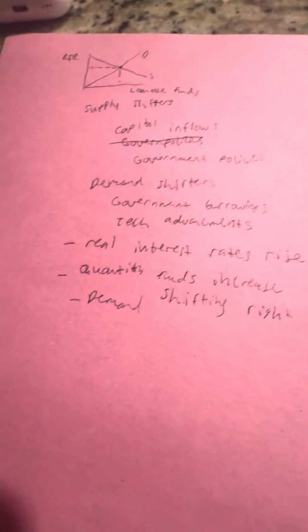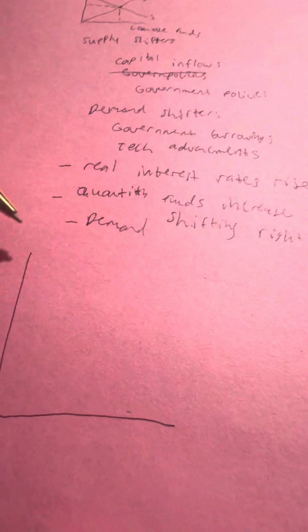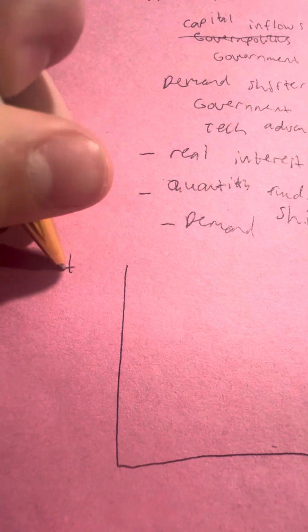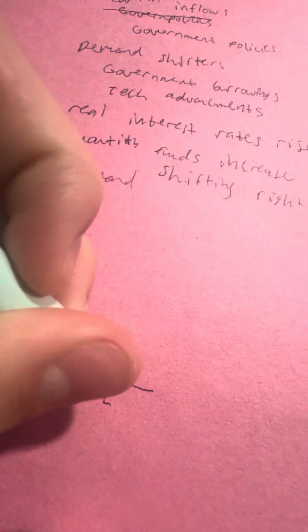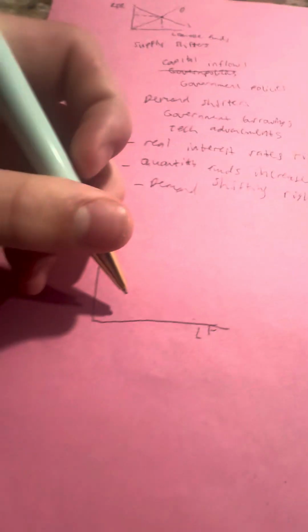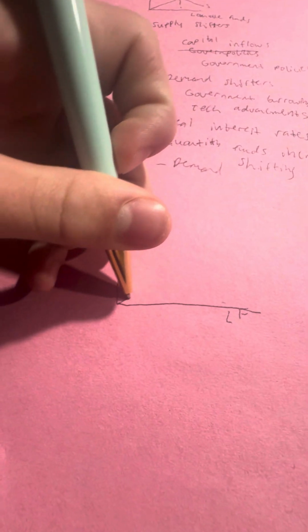So for the FRQ, I want us to draw a correctly labeled graph and label it as so. So I have my graph right here. Got real interest rates and loanable funds. So we have them.